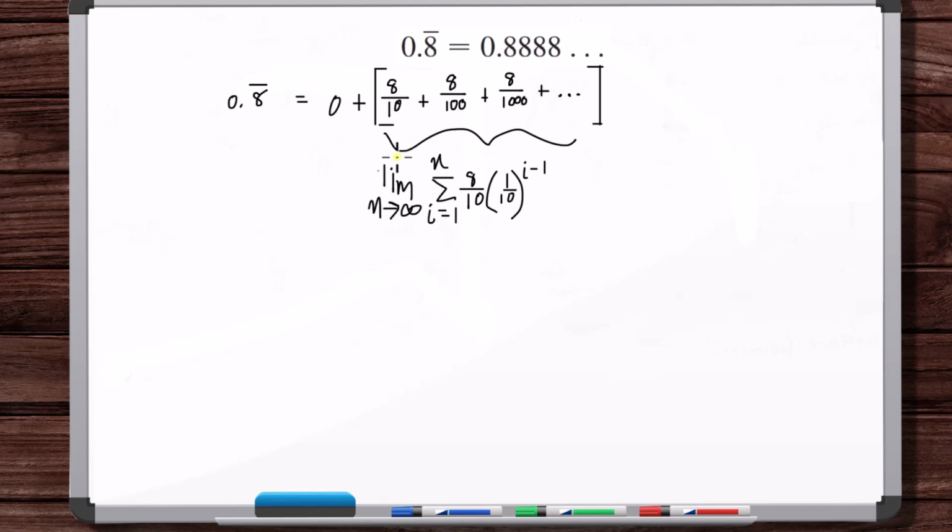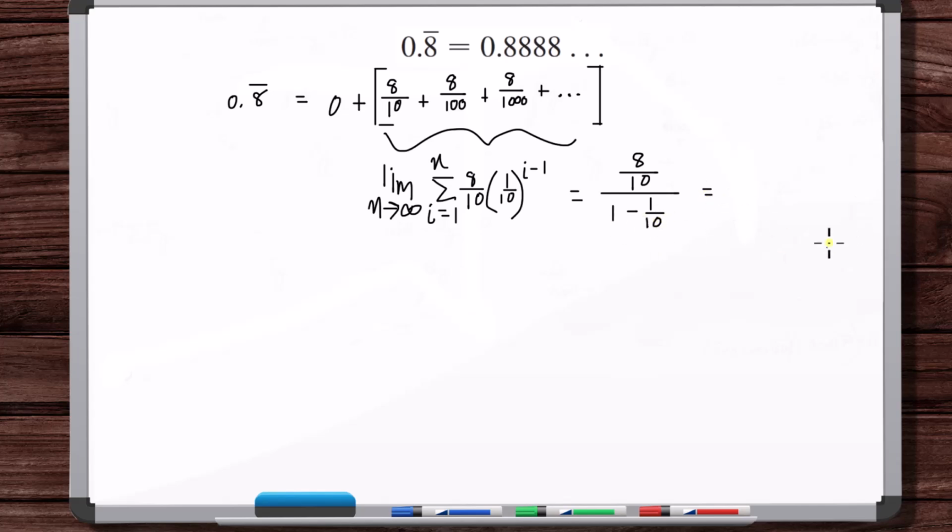But what is this? This is a mess, right? Well, this is an infinite geometric series, and we actually know what this value is. Since the absolute value of 1/10 is less than 1, this is going to be a over 1 minus the common ratio.